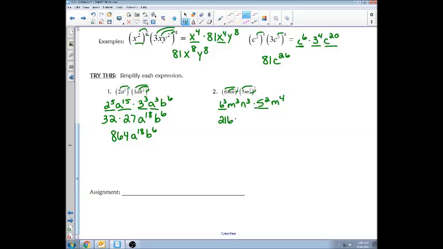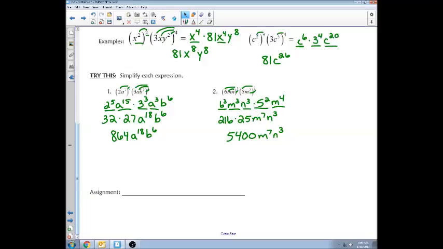Then I have my 5 squared, which is 25. Now I have my m to the third and m to the fourth, which would get me m to the seventh. And then I have my n to the third. 216 times 25 is 5,400. M to the seventh, n to the third, and that is it.